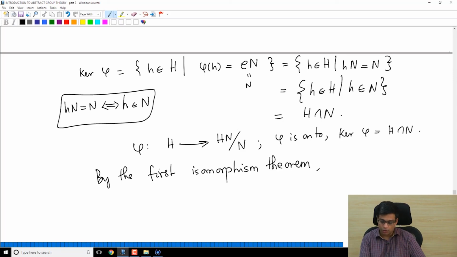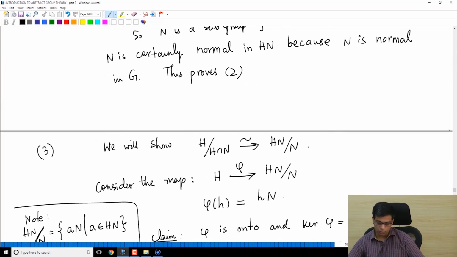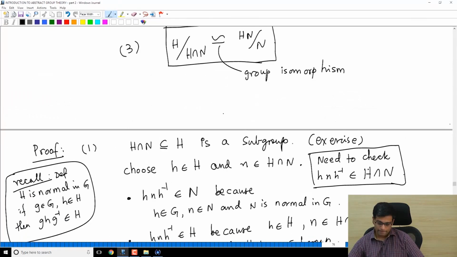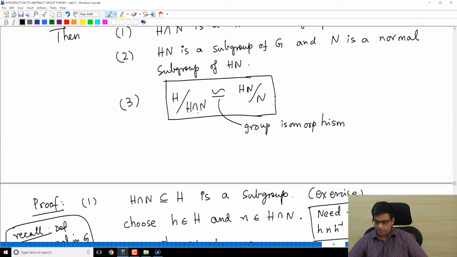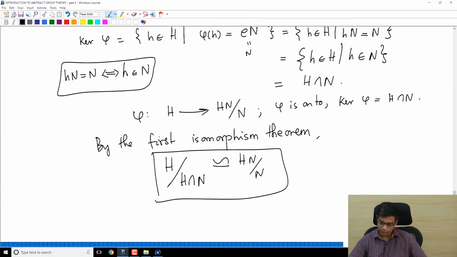In this case, the image is all of HN mod N, and the kernel is H intersection N. So H quotiented by H intersection N is isomorphic to the image, which is all of HN mod N. Remember, this is the theorem that we wanted to prove. The second isomorphism theorem says H mod H intersection N is isomorphic to HN mod N, and we have completed the proof of the theorem. Okay, so this finishes the proof.